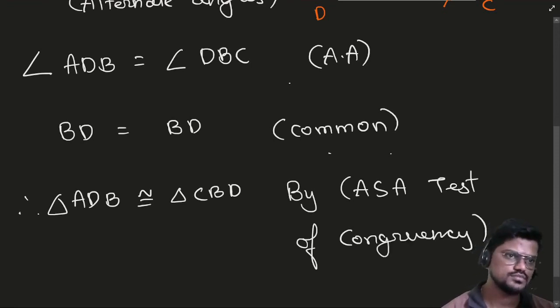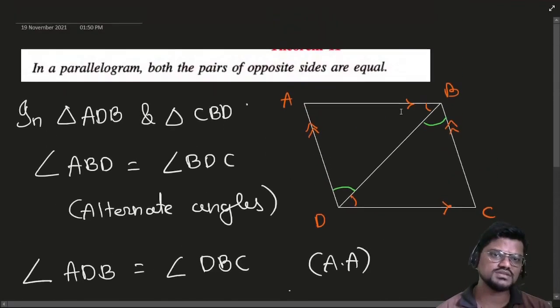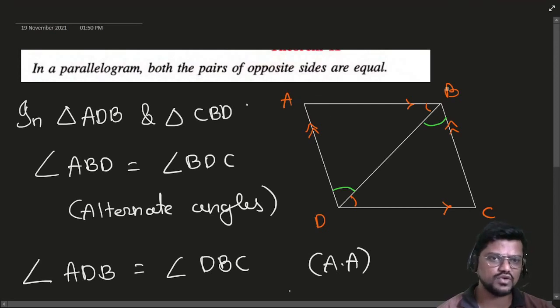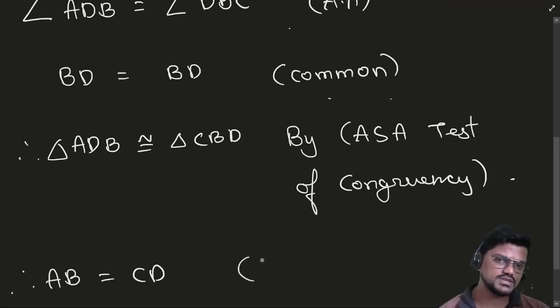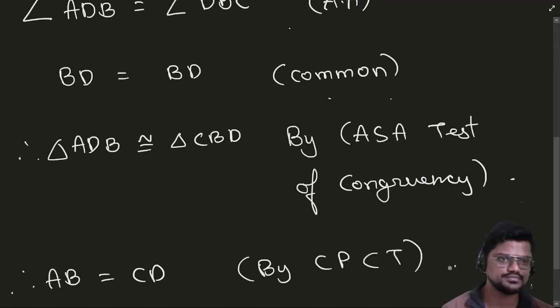Yes or no? The two triangles will be congruent. Now, once the two triangles are congruent, therefore AB will be equal to DC because they are both corresponding sides. Therefore, AB will be equal to CD by CPCT, corresponding parts of congruent triangles.